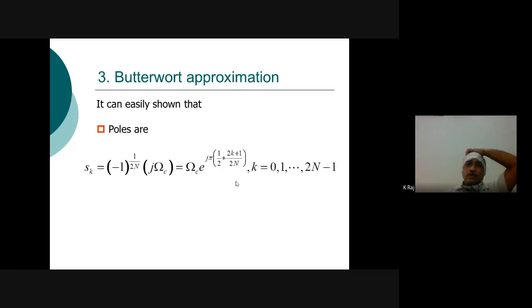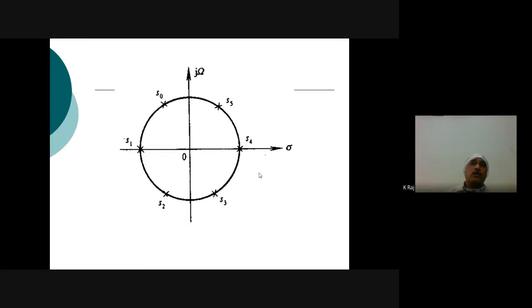Here we can see that the poles are nothing but minus 1 to the power 1 upon 2n times j omega_c, that is omega_c multiplied by e to the power minus j pi (1 by 2 plus (2k plus 1) divided by n), where k starts from 0 to 2n minus 1. Now if we see the location and positions of these poles, these roots, we will find that they are lying equidistant on the unit circle here.